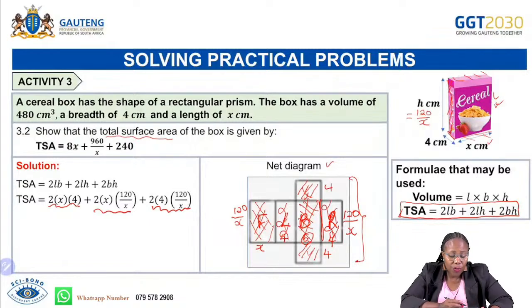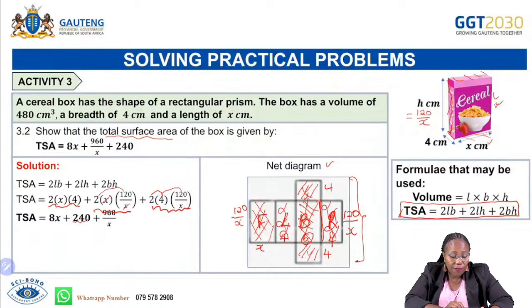Now, we are going to remove the brackets by multiplying throughout. 2 times x times 4, that will be 8x, and then 2 times x. Remember, this x will cancel that one. Then you will be left with 2 times 120, which is giving you 240. For this one, we are having 2 times 4, which is 8. 8 times 120, which is 960, over x there.